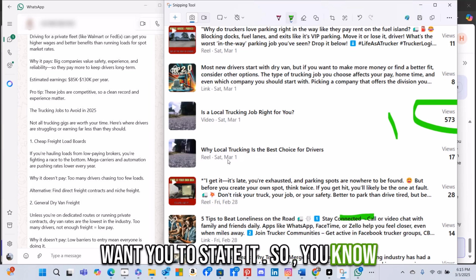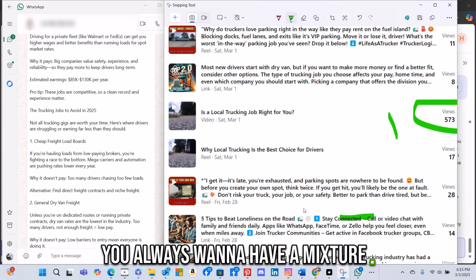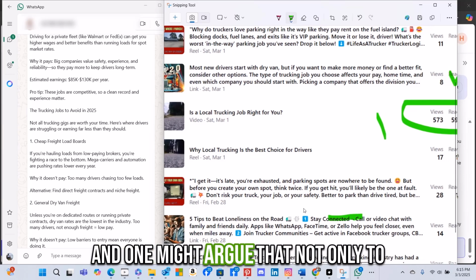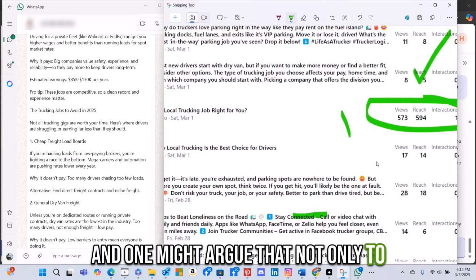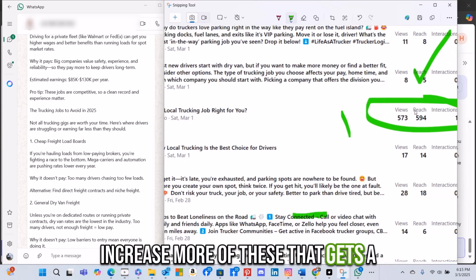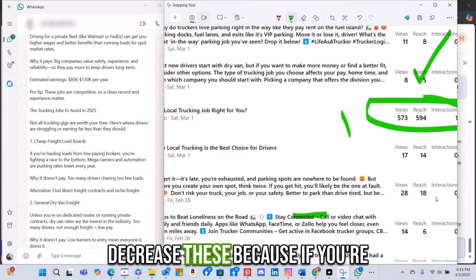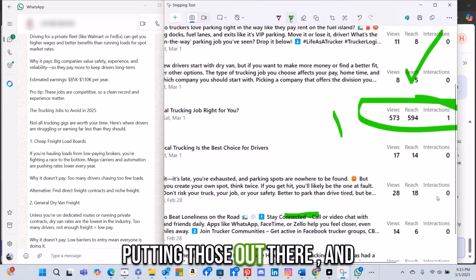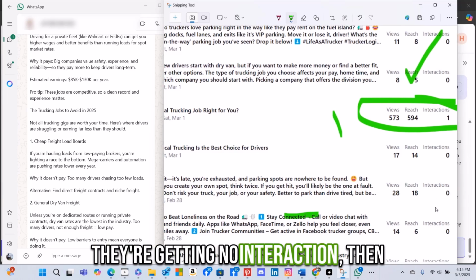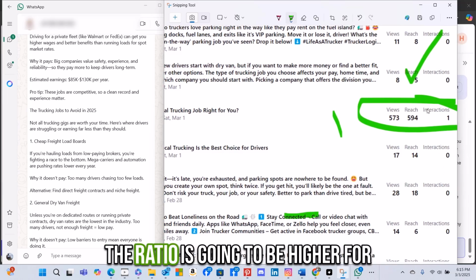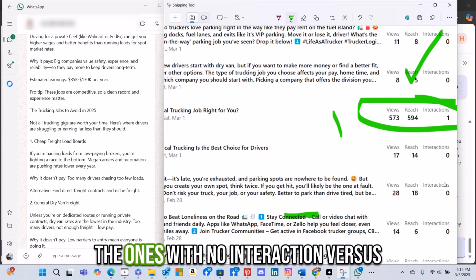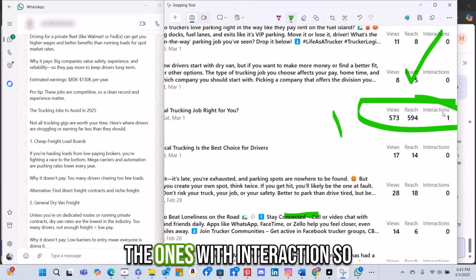So you always want to have a mixture. And one might argue that not only should you increase more of these that get response and more visibility, but decrease these, because if you're putting those out there and they're getting no interaction, then the ratio is going to be higher for the ones with no interaction versus the ones with interaction.